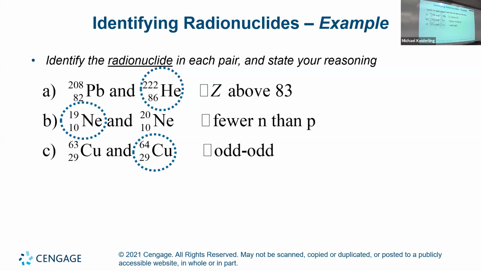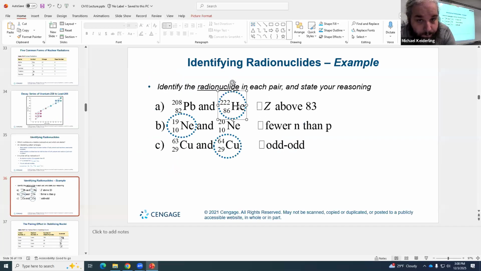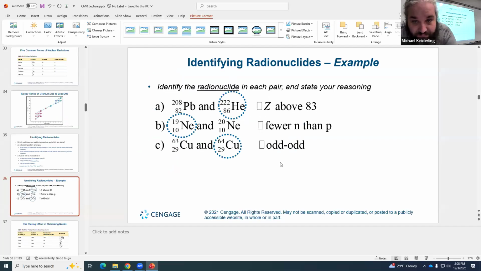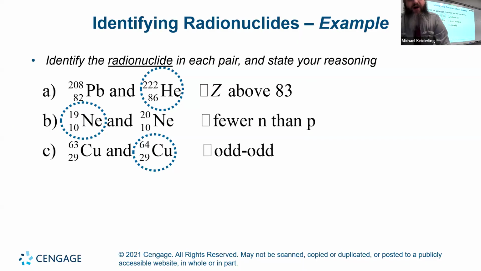That should be radon, not helium. I don't know why that says helium. That's a typo. Let me see if I can fix that. No, that's a picture. Well, I must just be wrong. That's radon. It should be Rn, not helium, because it's an 86. This is unstable because of a Z above 83. It's also just wrong.